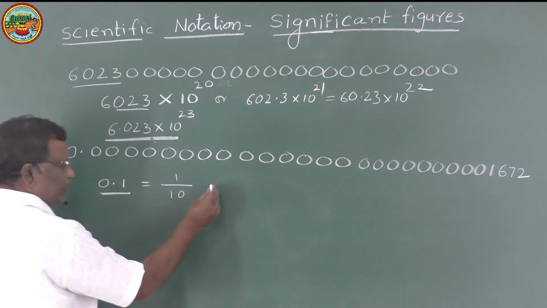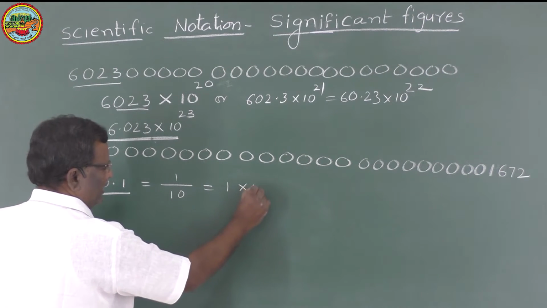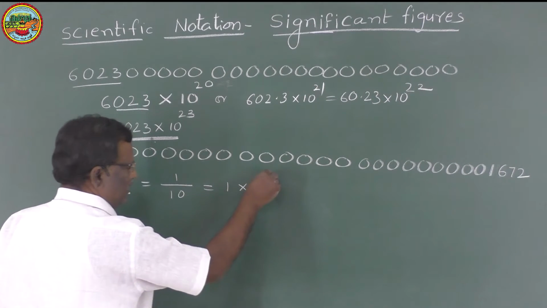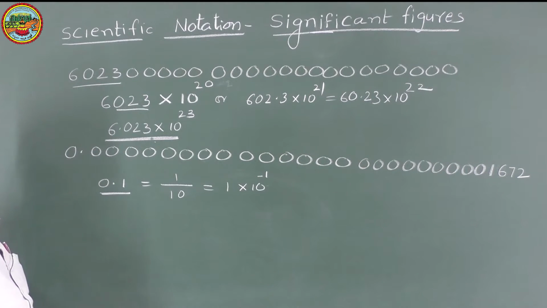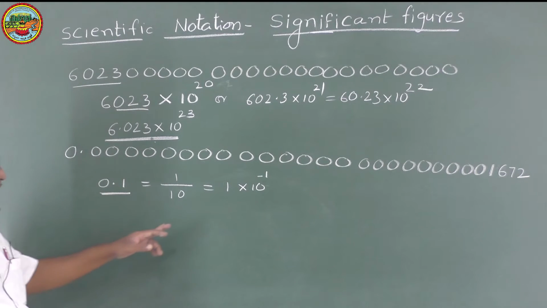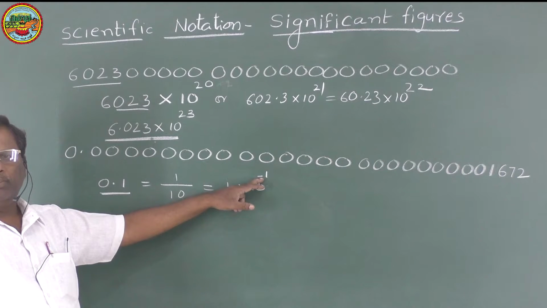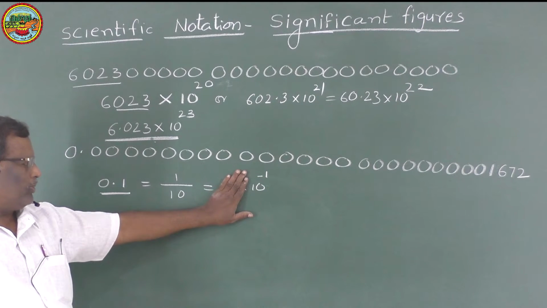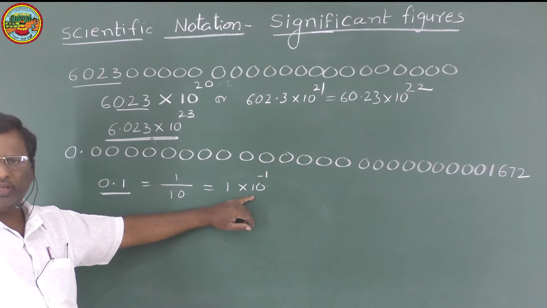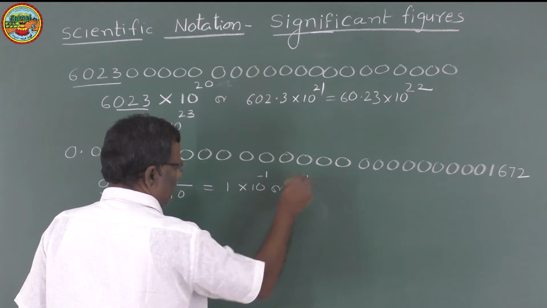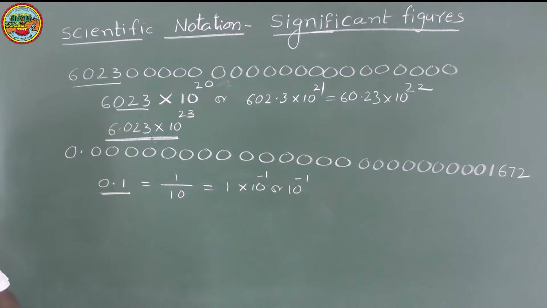So this can be expressed as 1 into 10 to the power minus 1. 10 to the power minus 1 means 1 by 10. It can be written as 10 to the power minus 1, or 1 into 10 to the power minus 1. There is no difference. Both are the same.